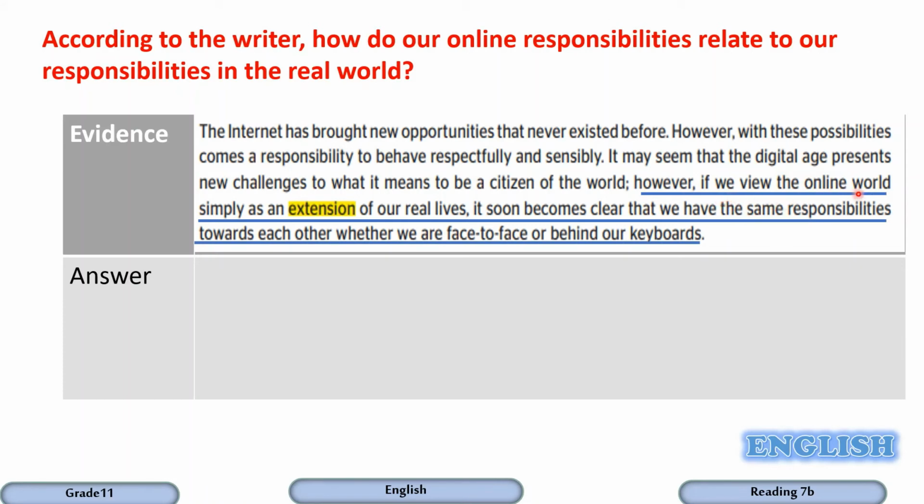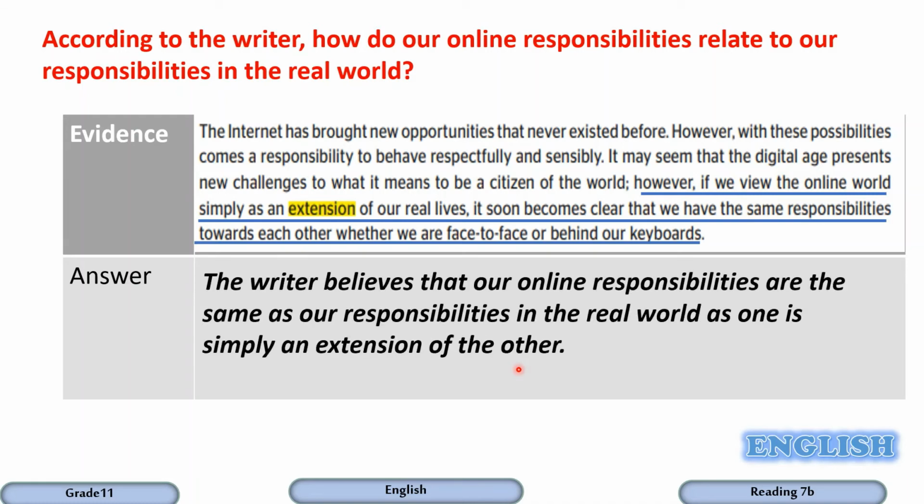If we view the online world simply as an extension of our real lives, it soon becomes clear that we have the same responsibility towards each other, whether we are face to face or behind our keyboard. So we almost have the same responsibility. We have always to be good citizens. So here the writer believes that our online responsibilities are the same as our responsibilities in the real world, as one is simply an extension of the other.